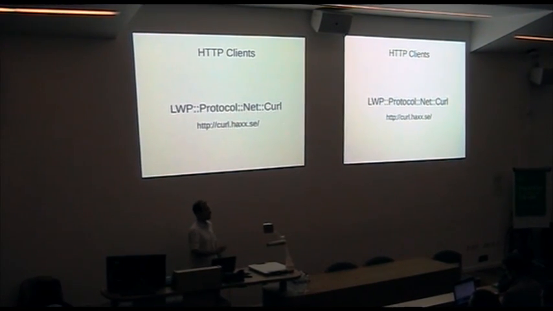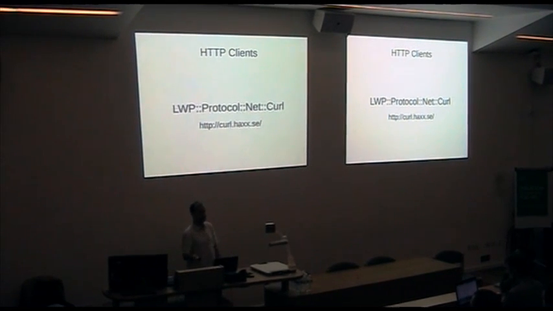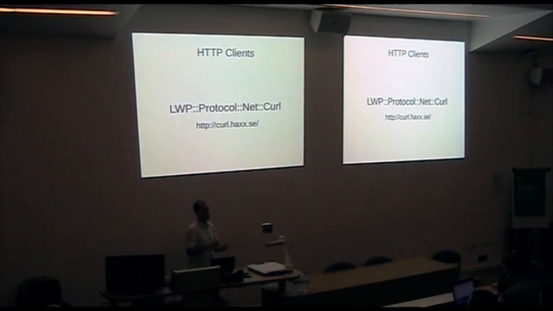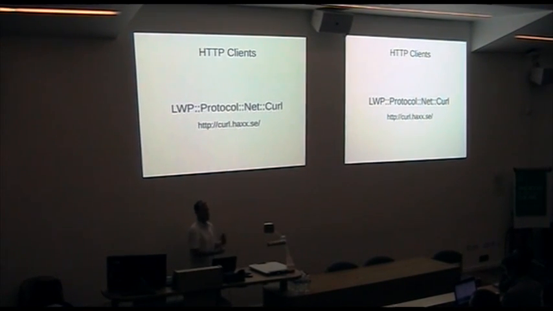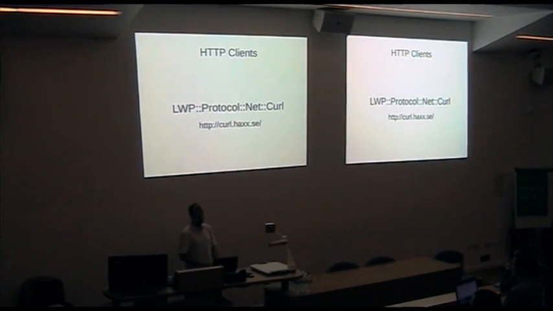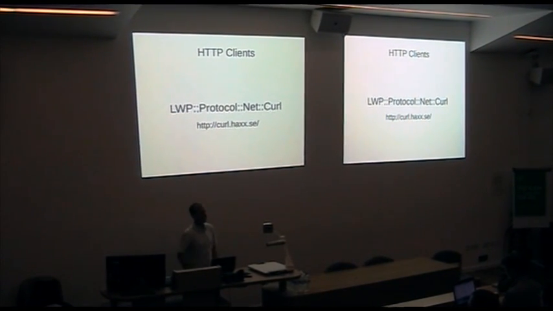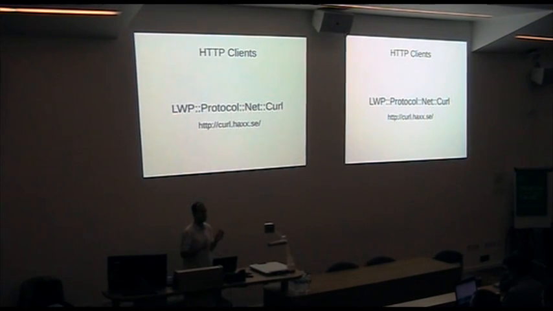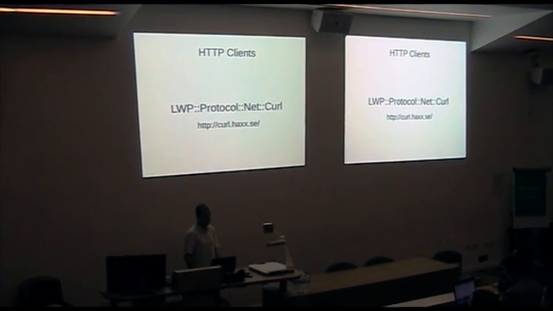And curl is a command line tool, and the curl library, libcurl, is reused by all sorts of different languages, different systems, to provide a nice interface to HTTP. It's really well maintained, really good library. So basically this LWP protocol net curl kind of gives you the best of both worlds. A fast, reliable, robust C implementation of HTTP with the familiar interface of LWP that Perl developers are used to.